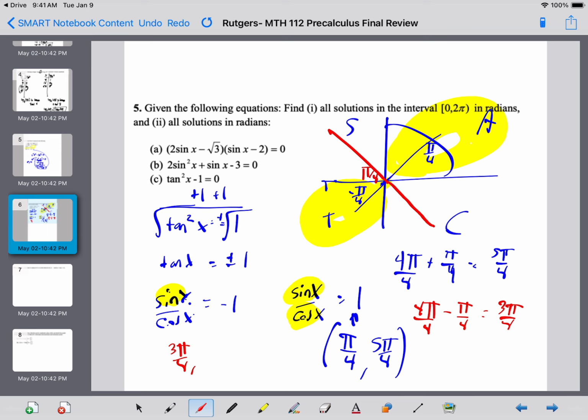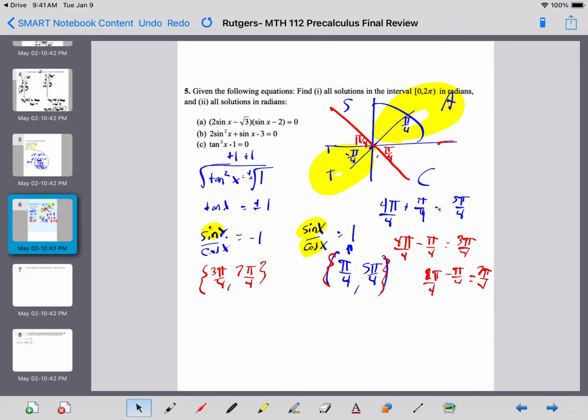And then also, we have, and by the way, I meant to put curly brackets. We could do 2 pi minus pi over 4, which is 8 pi over 4. 8 pi over 4 minus pi over 4 is 7 pi over 4. Okay, so for this question, you had 4 solutions, because we're looking for all the solutions between 0 to 2 pi.